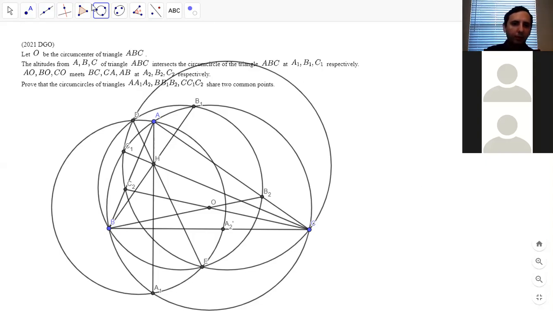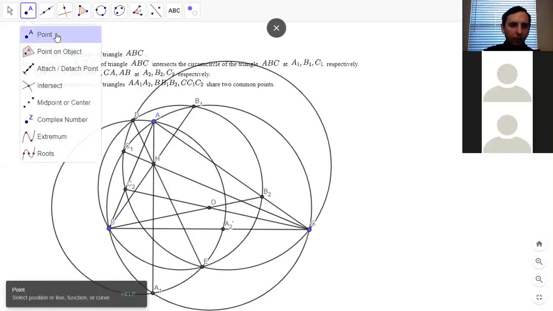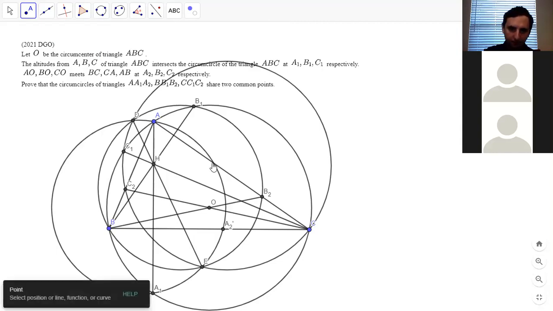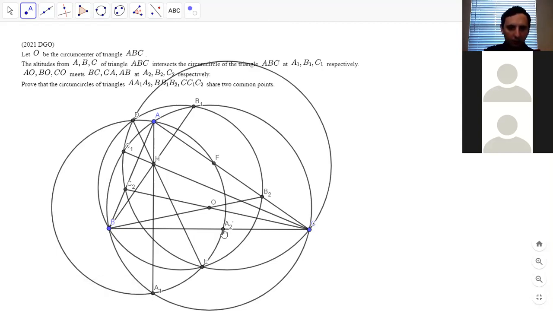I don't know if it helps to draw this point. So we know angle OAC, and we want to show that's equal to angle A2 prime AC.